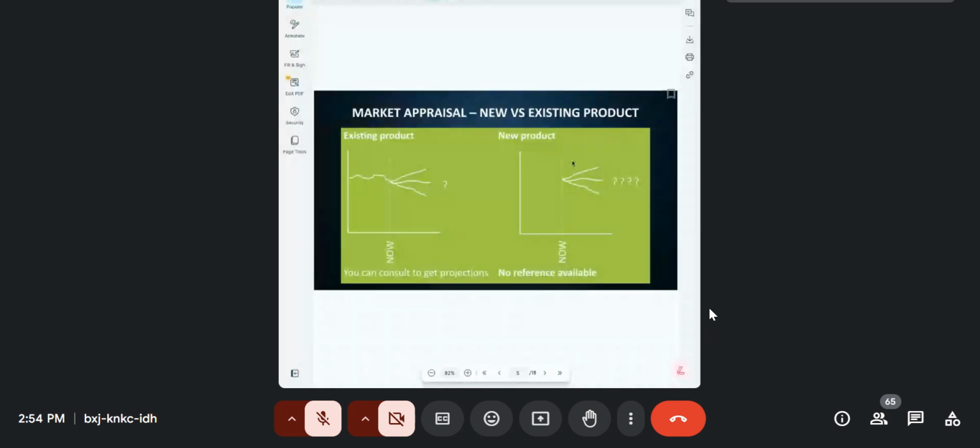Now, for new, this is a bit more challenging because there is no reference. So you have to base it on possible problems; you can project whether it will go up, down, or remain steady.